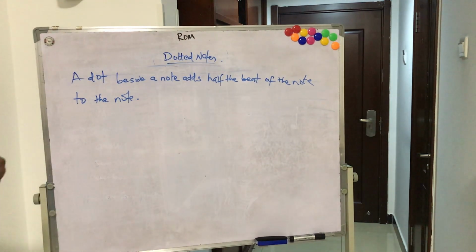Can you understand that? A dot beside a note adds half the beat of the note to the note.